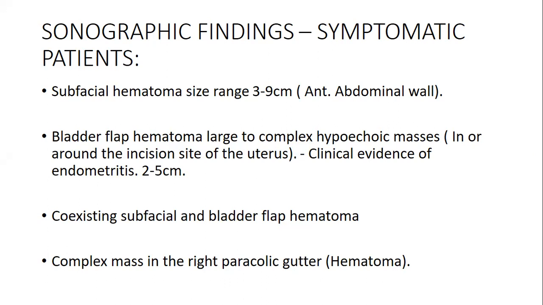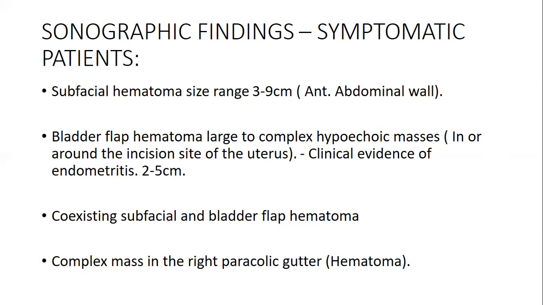The major issue is to look at the size, how big is it and where is it? And patients may present with that clinical evidence of endometritis, which may be evidenced when you do some other lab investigations. These lesions may also coexist with subfascial and bladder flap hematoma, which may be secondary to uterine atony, like I mentioned, which may be a possibility in such patients. So these may also coexist.